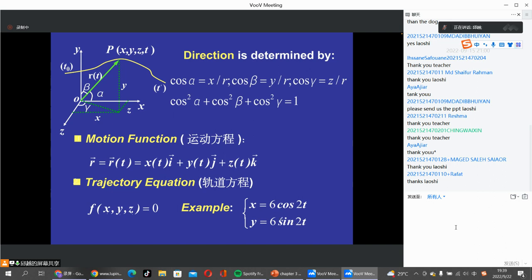And it describes the x component and y component with respect to time t. So it is a motion function, right? And how to rewrite this function into a trajectory equation?